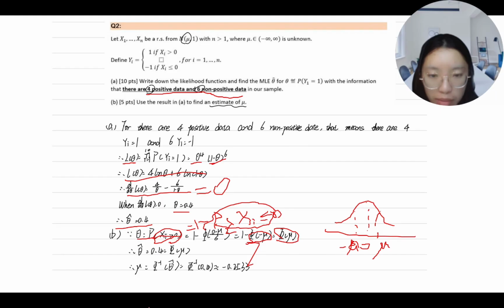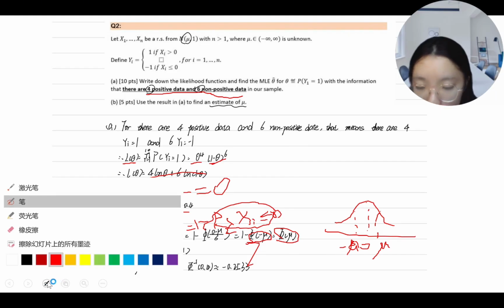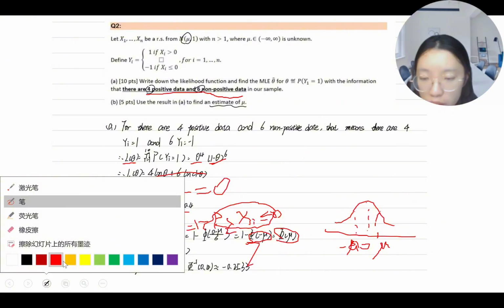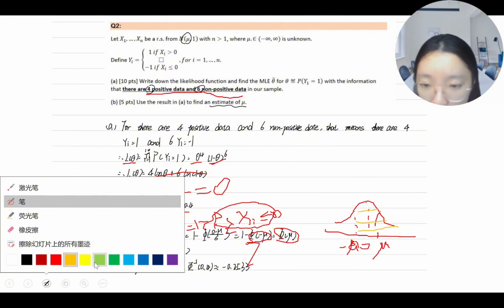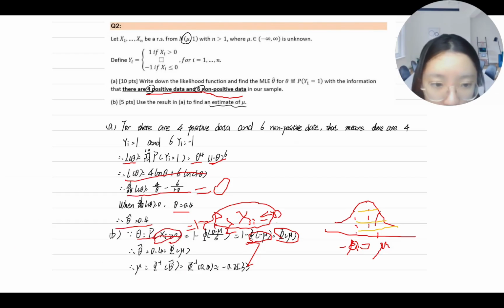So 1 minus the normal distribution of minus mu is equal to these areas, the yellow areas, and the positive mu is equal to this green area. So the two parts are equal.